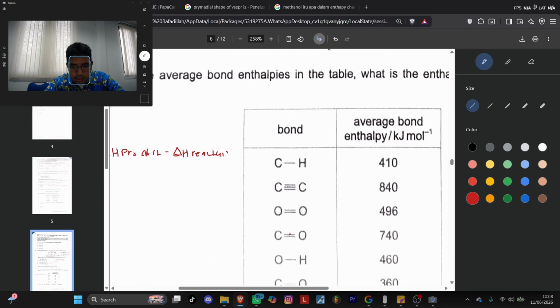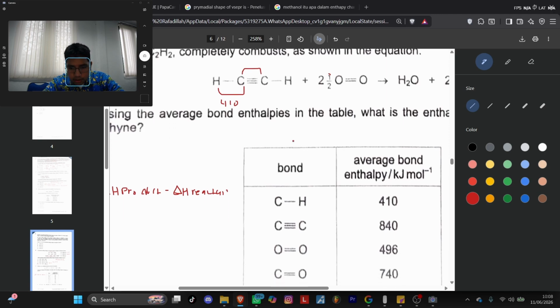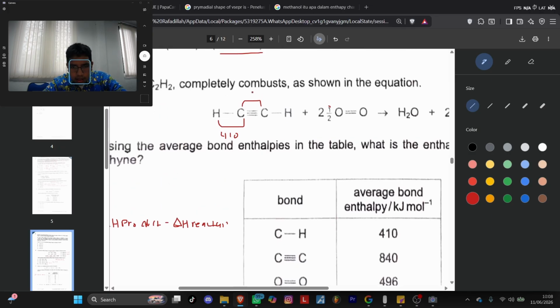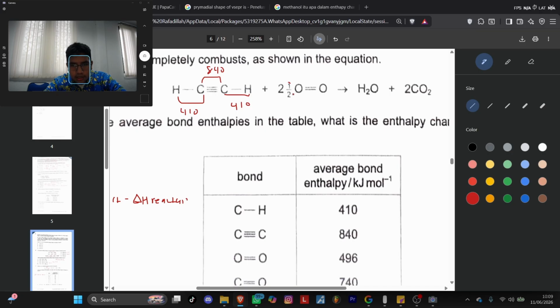Okay, so H, this one, this is 414, and this is C-C 840, and this is the same as CH bond, so this is 410.